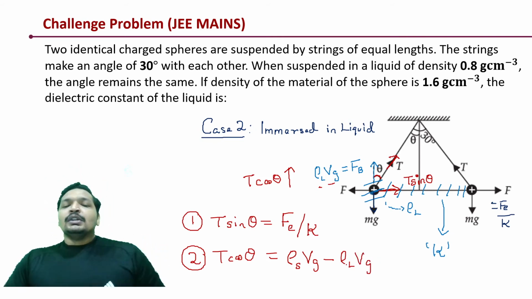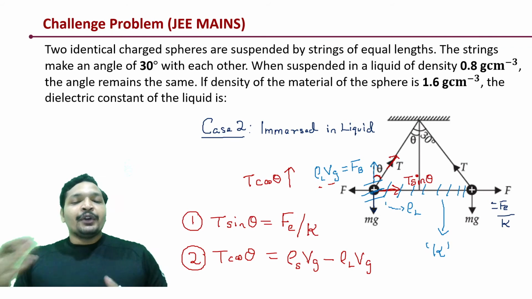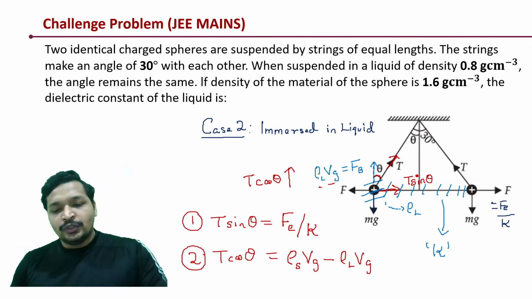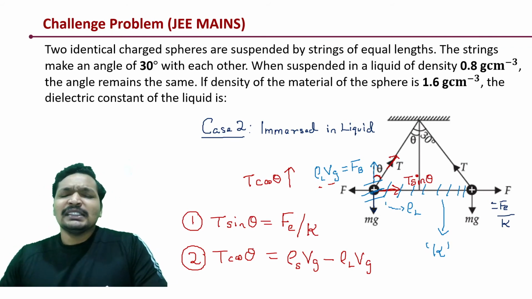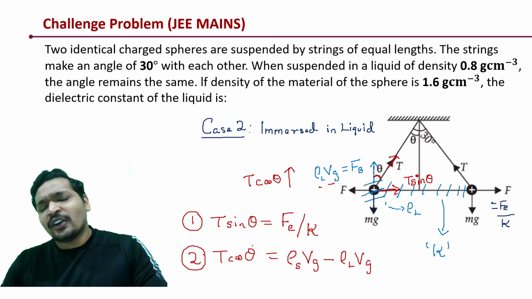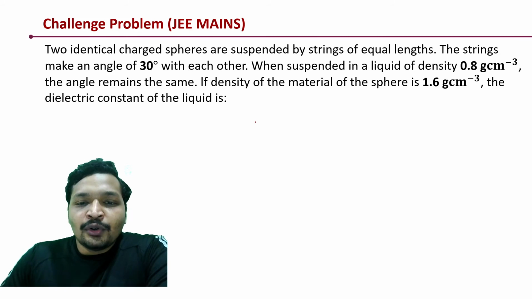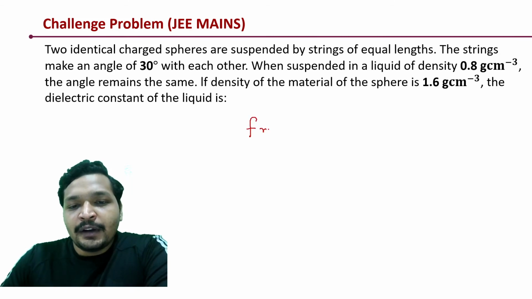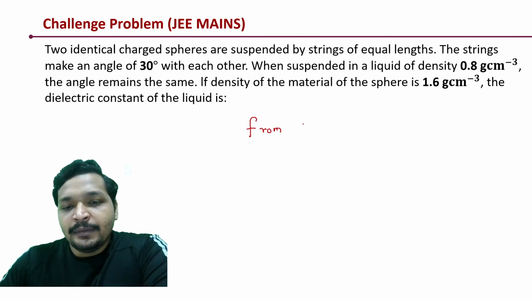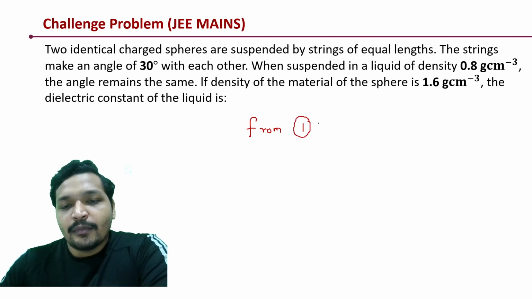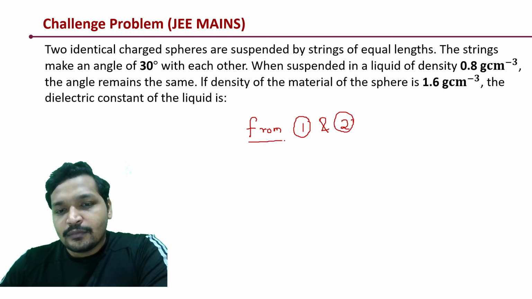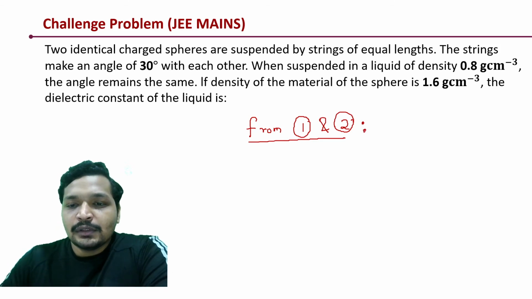Yeah, so now again we are going to do 1 by 2. What is 1 by 2 again? Sin theta divided by cos theta, which is nothing but tan theta. So from 1 and 2 again, what do we have?